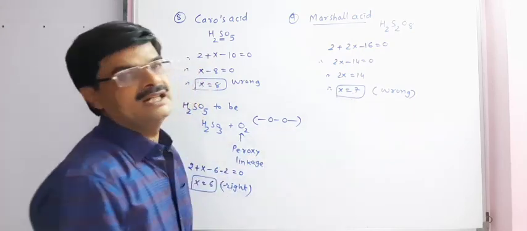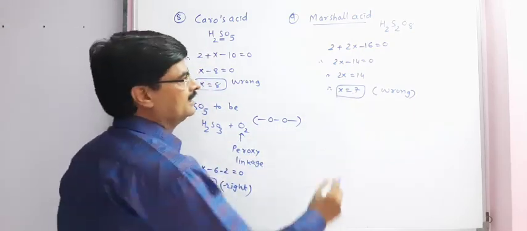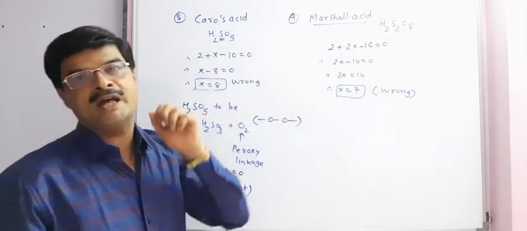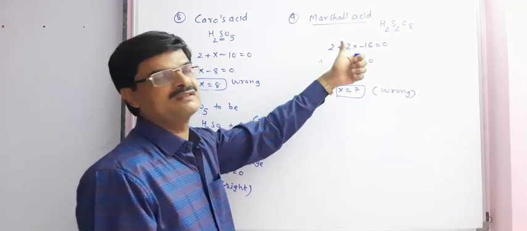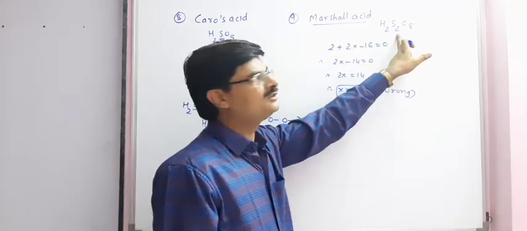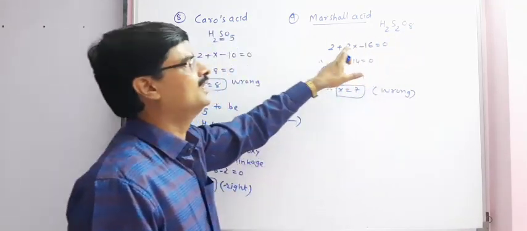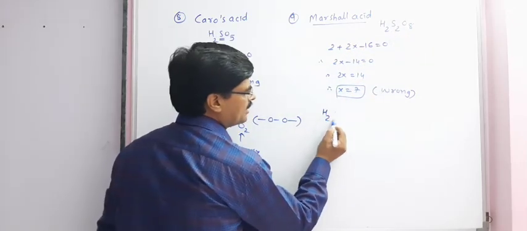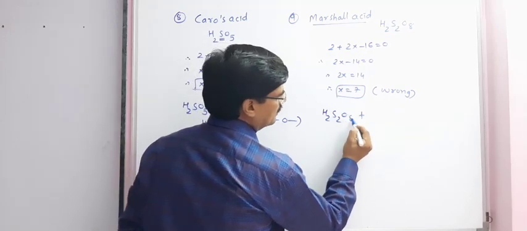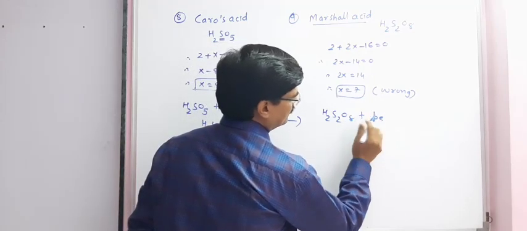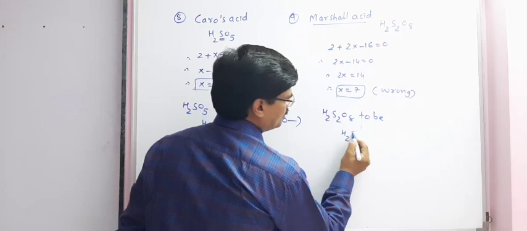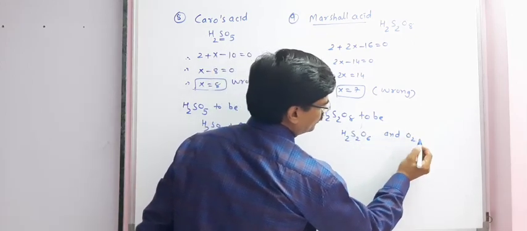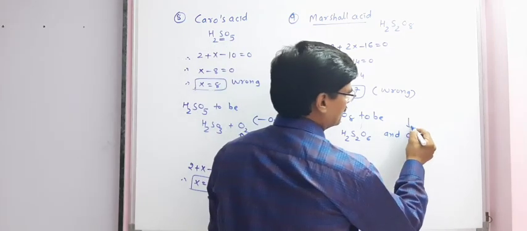So how do we find the right oxidation state? Either by drawing the structure or by taking the peroxy linkage present in this compound, we can find the actual oxidation state of sulfur. Taking H2S2O8 to be H2S2O6 and O2, one peroxy linkage.